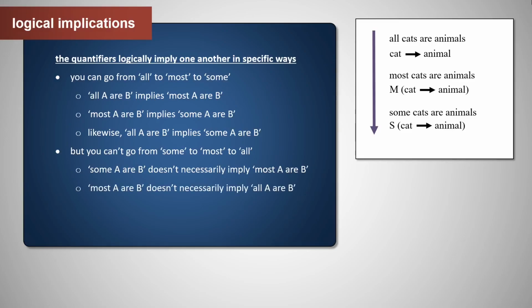So you can't go from most cats are animals to all cats are animals for the same reason. Just because more than half, potentially all, does not necessarily mean all. And so you can't go from bottom to top. So you can't go from some cats are animals to all cats are animals. So that's what you've got to remember. You can go from all to most to some, but you can't go from some to most to all.